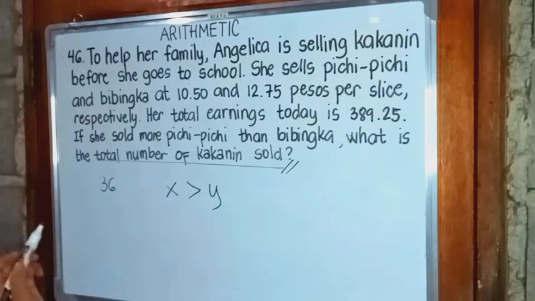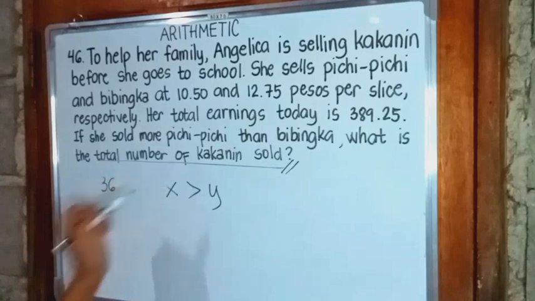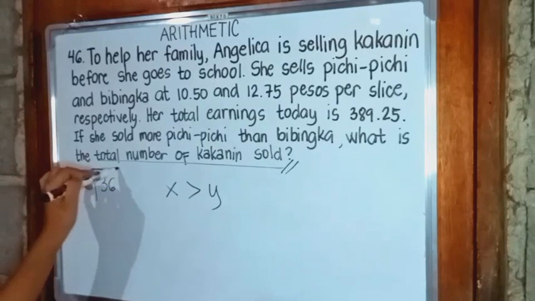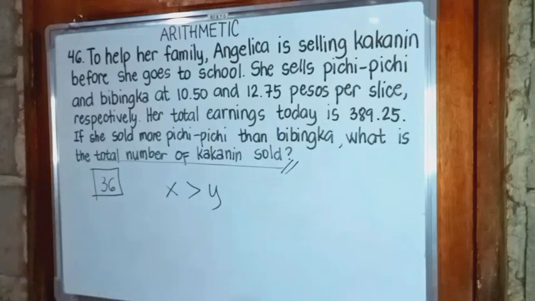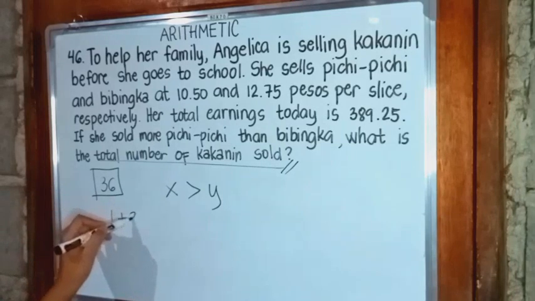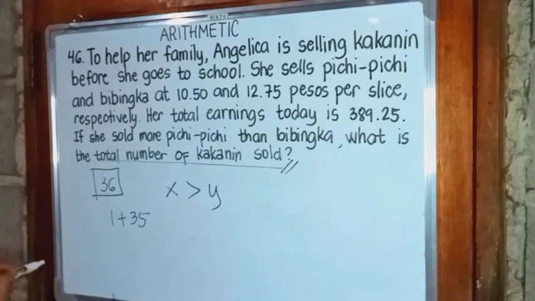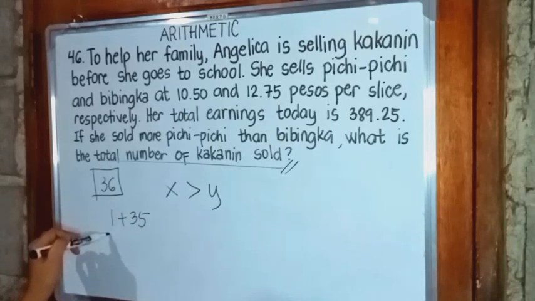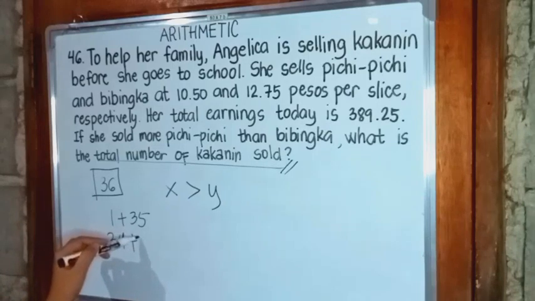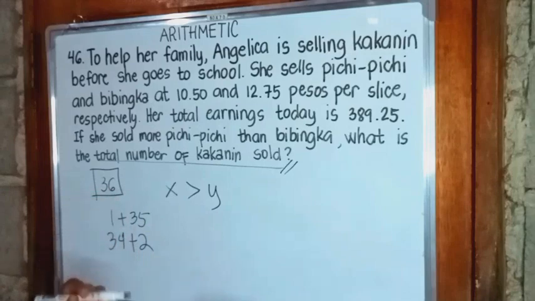So, we need to let x be greater than y. What are the numbers that when added is equal to 36? It could be 1 plus 35, could be 34 plus 2.